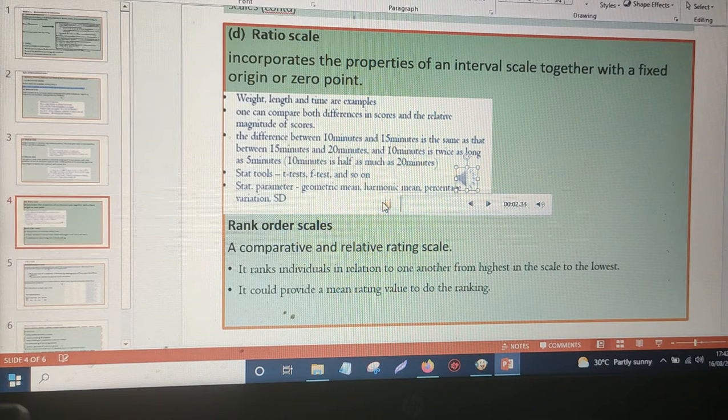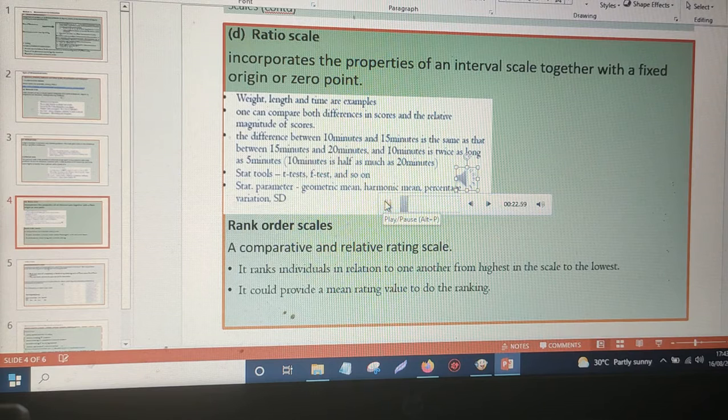The ratio scale incorporates the properties of an interval scale together with a fixed zero point or origin. In other words, the ratio scale has an origin or 0 point, which the interval scale does not have. The interval scale can really begin from anywhere.